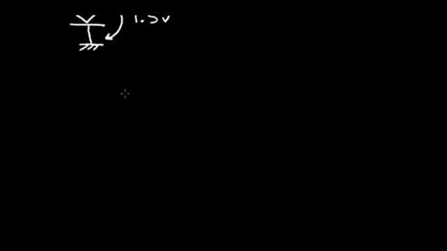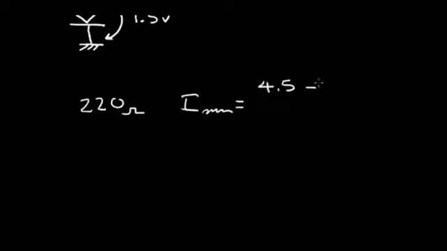So if I use 220 ohms instead, I calculate my I min when my power supply is at the lowest, which I'll say is 4.5 volts, say it's a 10% power supply, minus, now the maximum voltage across my LED is spec'd at 1.8, but I'm going to be a little safe and make it a little higher at 2 volts.